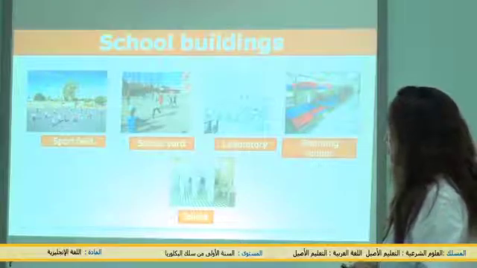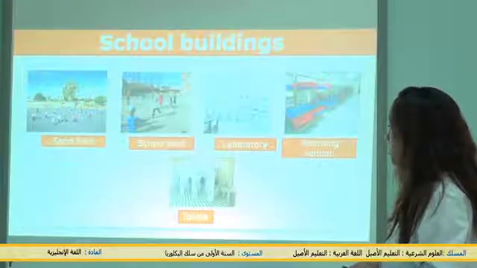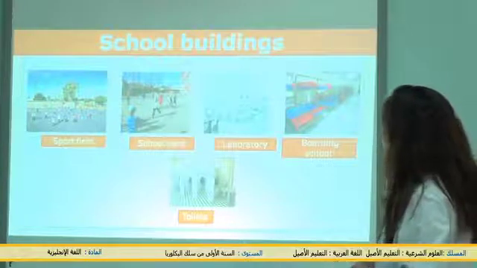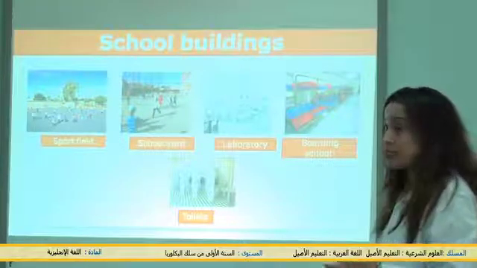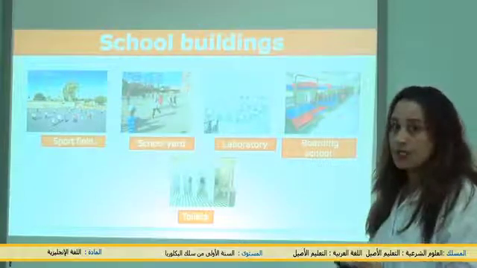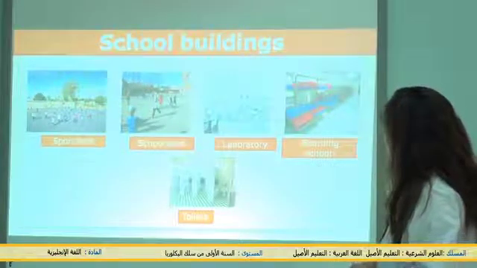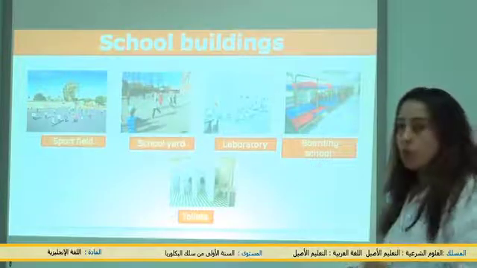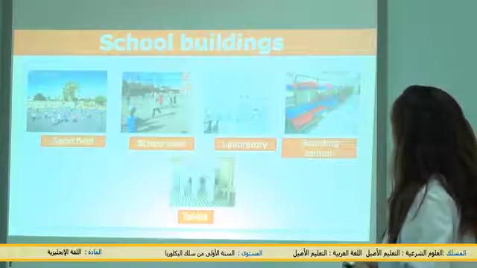We have also what we call a laboratory. A laboratory is a very important part in a school, especially for scientific students, because it's the place where most of the research is conducted. Picture number 4 represents what we call a boarding school. What is a boarding school?